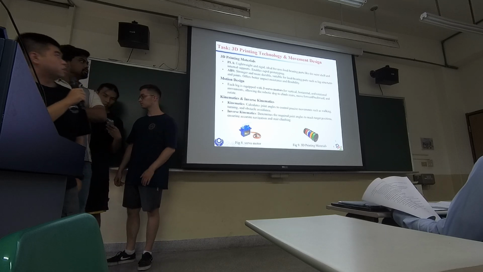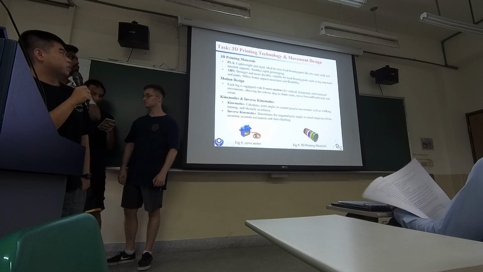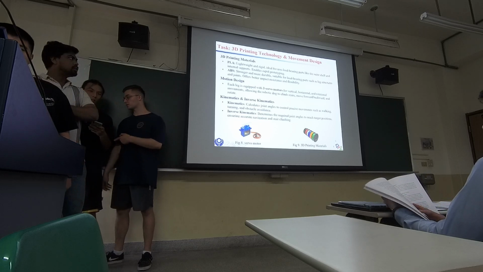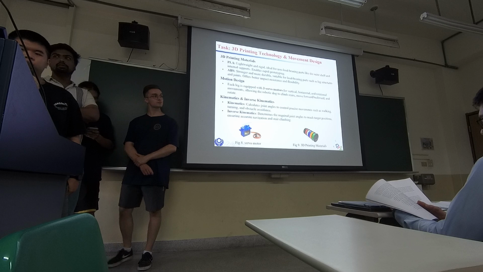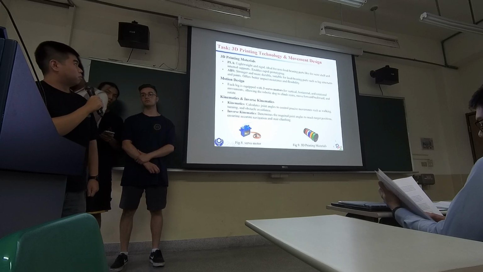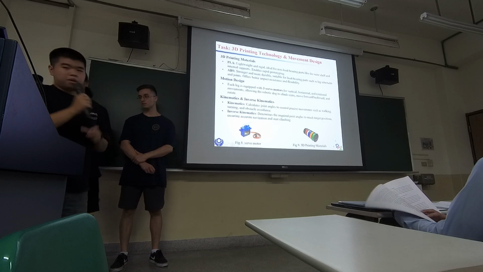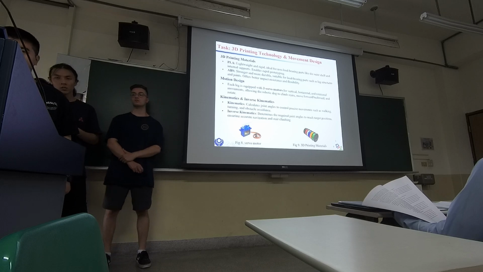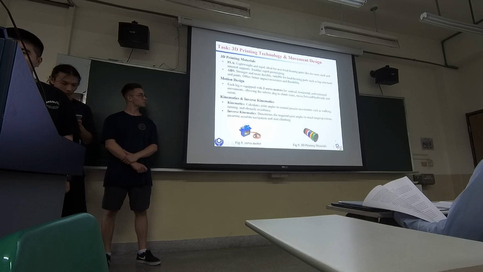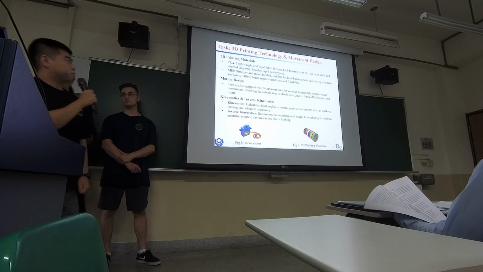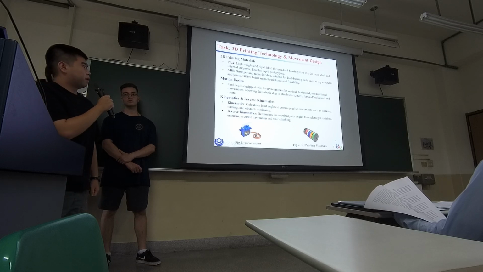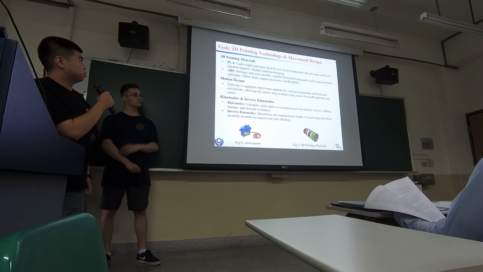First one is 3D printing technology and movement design. First, the materials we use for 3D printing are PLA and ABS. PLA is lightweight and rigid, and we want to use PLA to make our non-load-bearing parts like the outer shell and internal support.